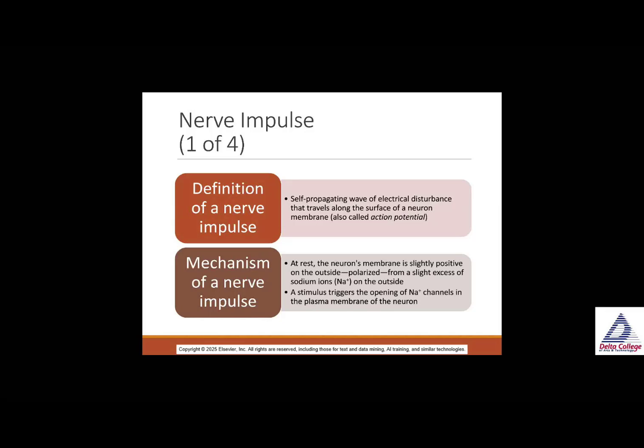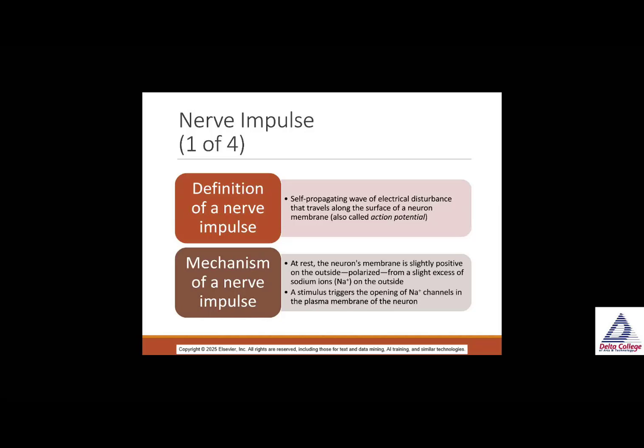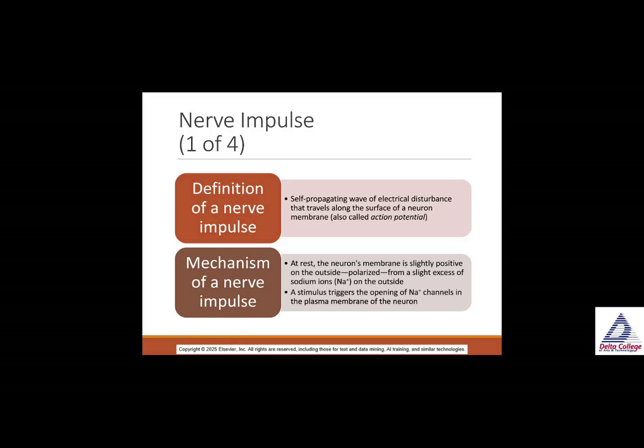The mechanism of the nerve impulse: at rest, the neuron's membrane is slightly positive on the outside, polarized from a slight excess of sodium ions on the outside. And you'll notice sodium is abbreviated as a capital N, small a, and a plus sign. The stimulus triggers the opening of the sodium channels in the plasma membrane of the neuron.